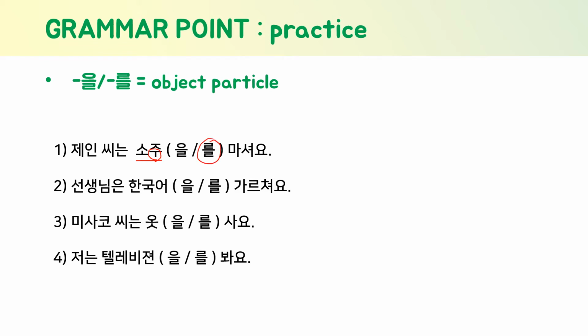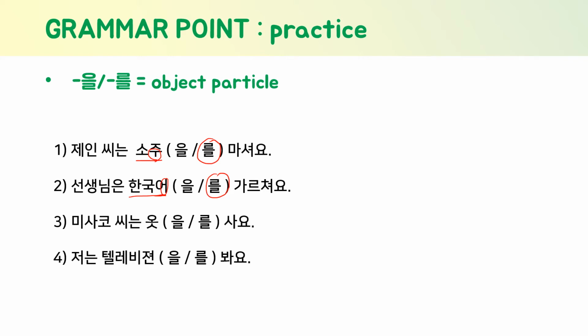Number two, 선생님은 한국어 가르쳐요. The teacher is teaching Korean language. The last syllable of the noun 한국어 ends with a vowel, so which one do you have to add, 을 or 를? 를. 한국어를 가르쳐요. 선생님은 한국어를 가르쳐요.